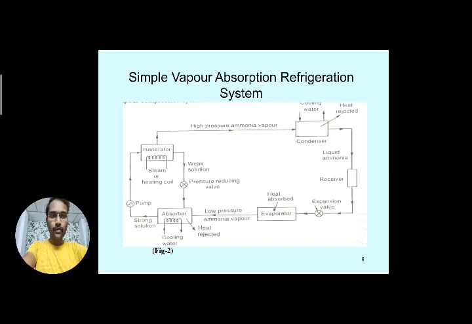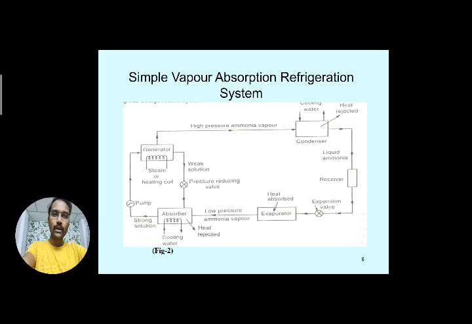Again, from the evaporator it enters the absorber component, and from the absorber with the help of a pump it is pumped into the generator component. In the other circuit, the weak solution enters the pressure reducing valve, then enters the absorber component. So this is a closed circuit.